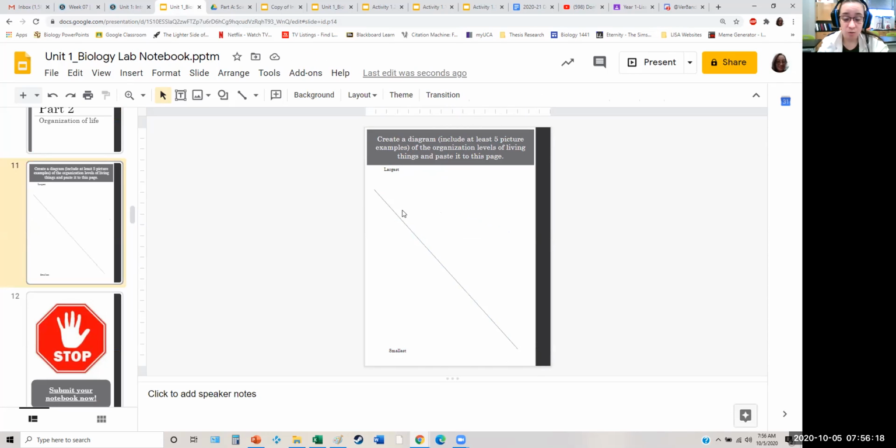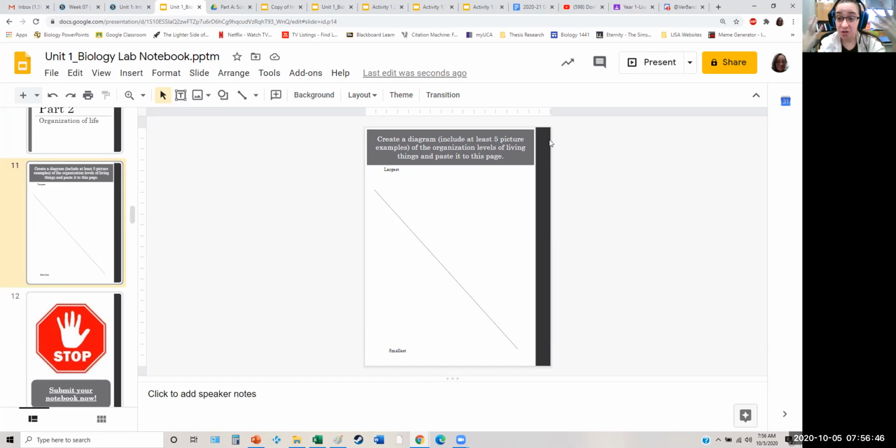You have to put every single one in order from smallest to largest, and then include at least 5 picture examples. So if you wanted to do a picture of an atom or a picture of a body system, a picture of an organism, a picture of a biosphere, a picture of a biome, those are 5 different examples.